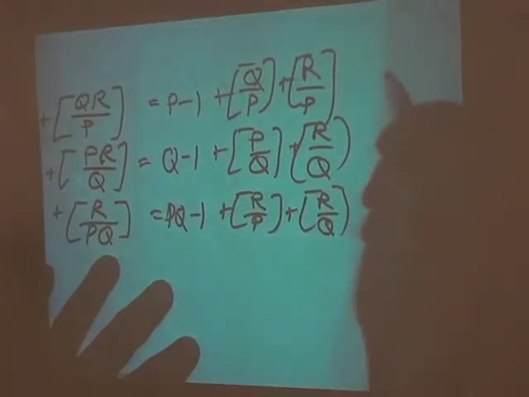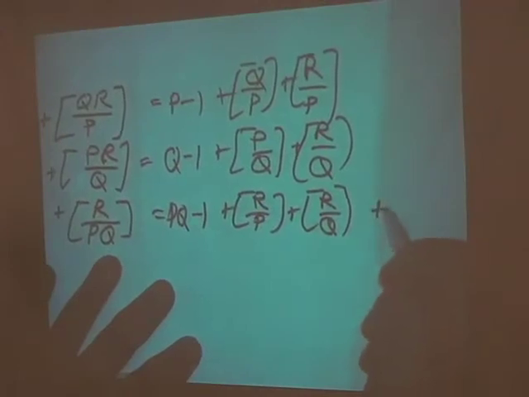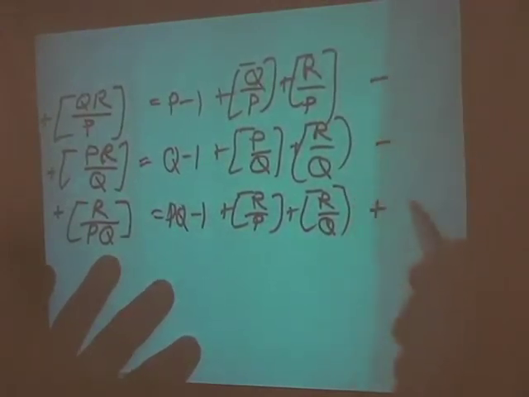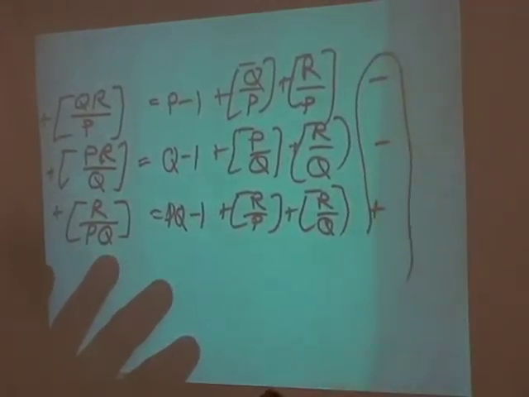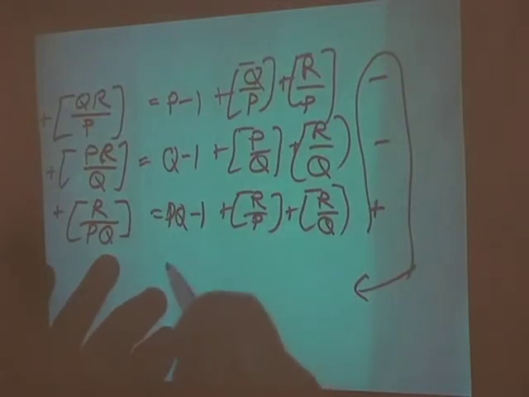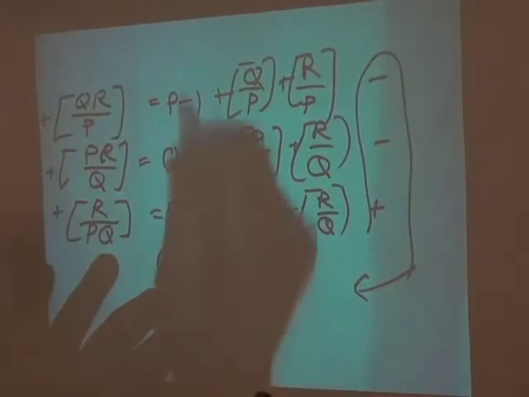Now, what I want to do is check that this is equal to this plus this. So I'm going to subtract the first two lines from the third line. And look what I get. I get P minus 1, Q minus 1 for these terms.